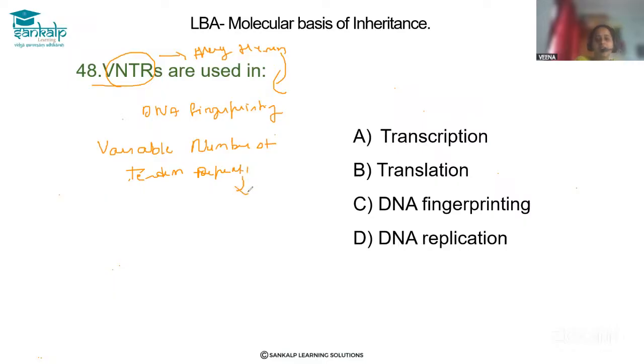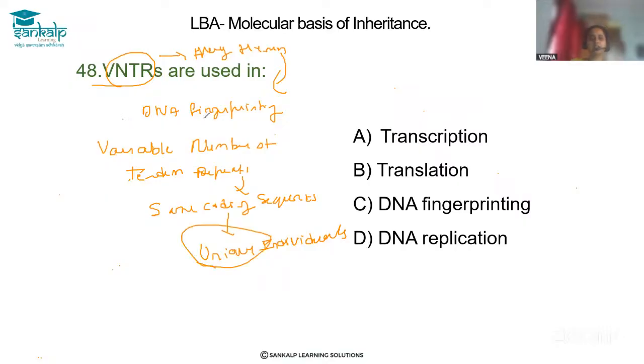These are the sequences, the same coding sequences, that are present and very unique to the individuals. So that's why it is very unique, right? That's why it is used in the process called DNA fingerprinting.